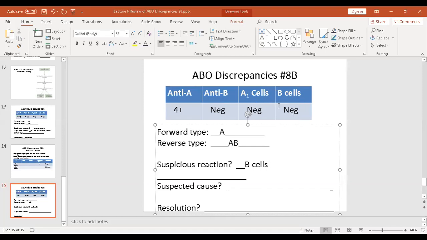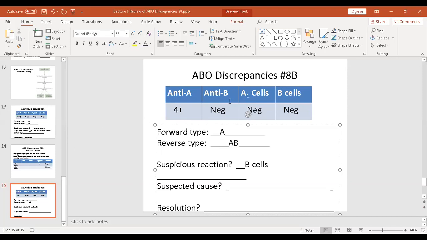Possibly, if we get a 1+ reaction showing up here with our B cells, the reverse typing is going to type as an A as well, because we're going to detect that anti-B that's missing. So same resolution basically, but I wanted to give you a different example with a different type.